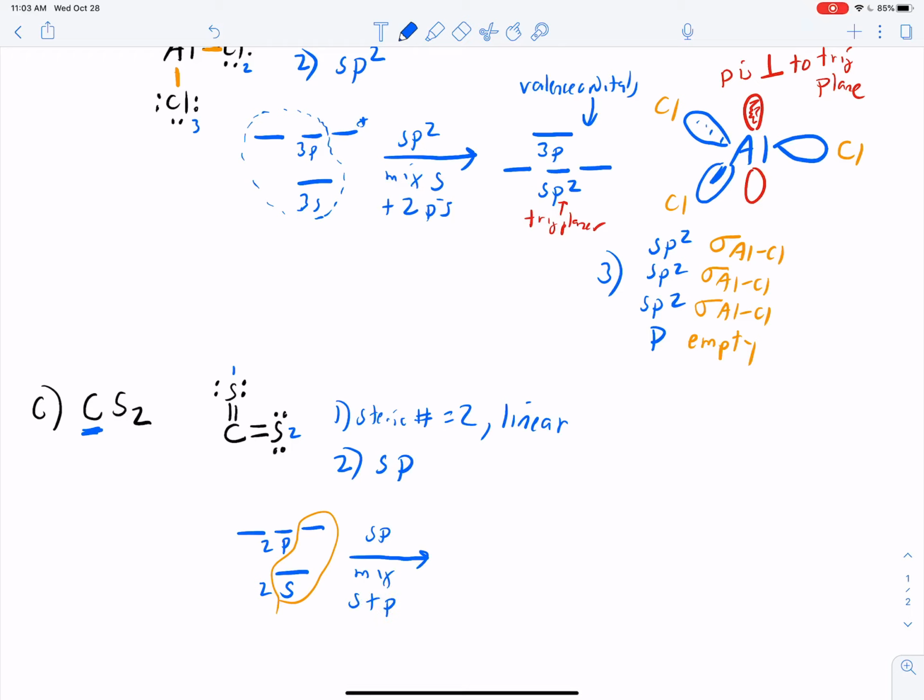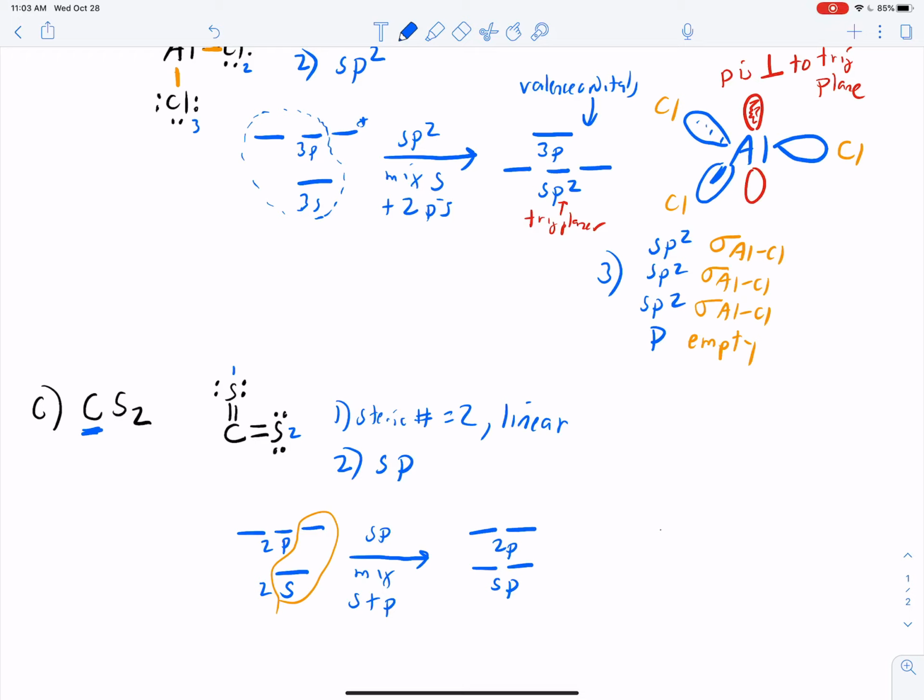And that is going to get me to 2 2p orbitals left over, and 2 sp orbitals formed by mixing the s and the p. I get out 2 hybrid, 2 mixed orbitals. Those are the orbitals present at carbon that I need to worry about.